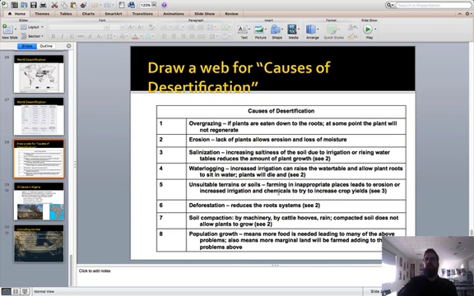So, for example, if you have a crop that depletes nutrients in the soil, you could the next year plant a crop that replenishes nutrients, and that way that soil can be productive for a longer period of time. But if you never do that, you just keep planting crops that deplete the nutrients from the soil and aren't really appropriate for that type of soil, then of course it's not going to be as productive.